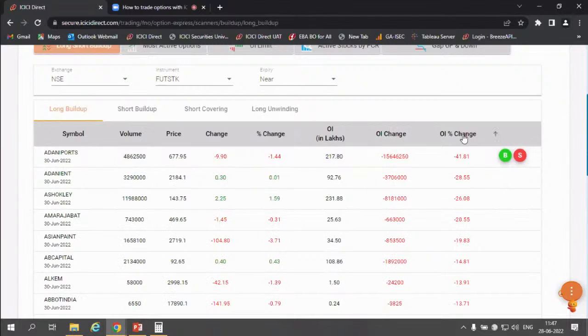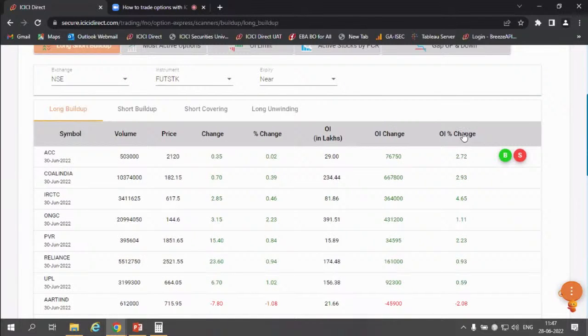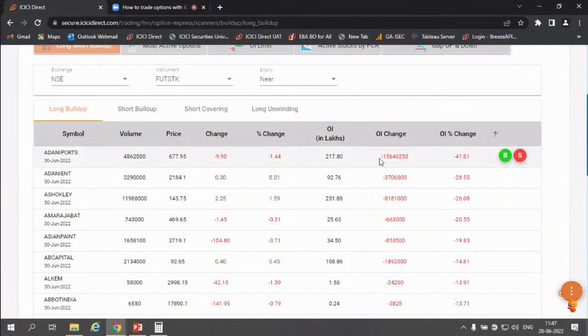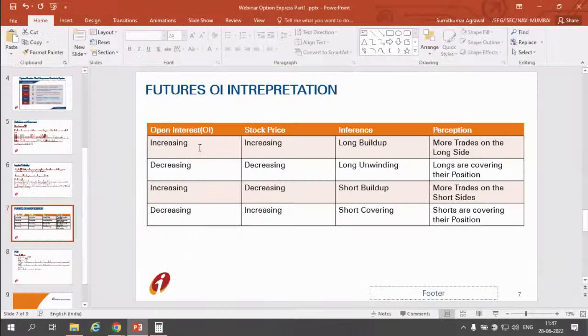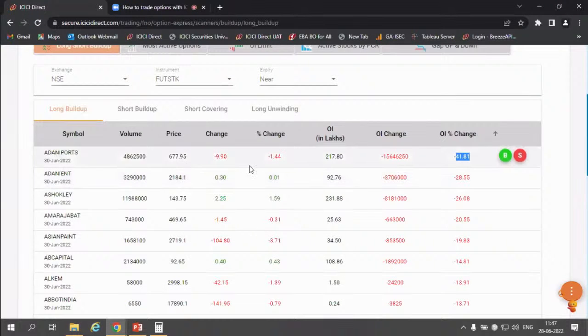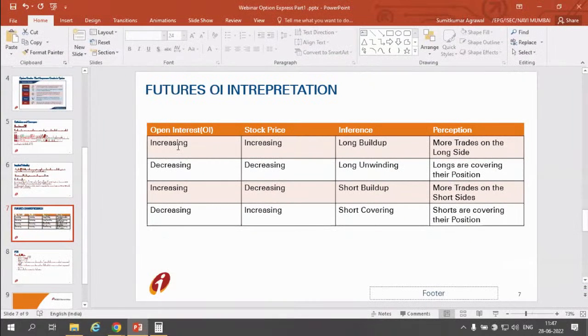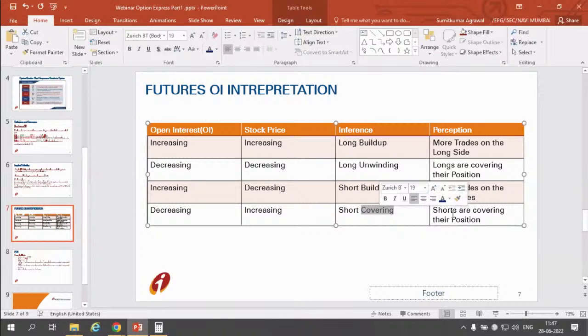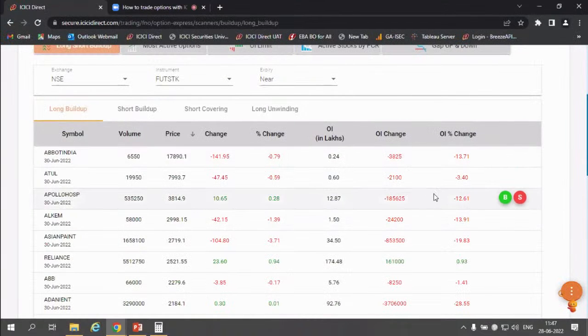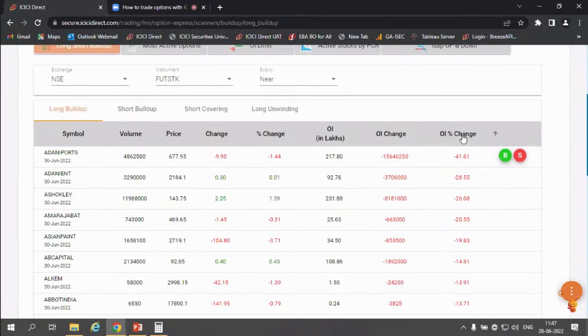Accordingly, if you click here, you will be able to see the open interest has dropped by 41%, which means that open interest is decreasing and price is increasing. So short covering is happening in that particular position. I forgot which one I was looking at, I simply clicked it. So Adani puts.